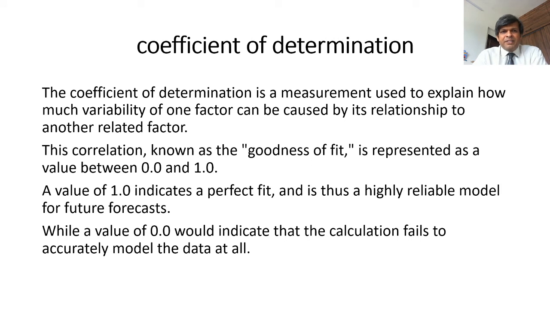The next major metric we look at to determine the accuracy of our model is the coefficient of determination. The coefficient of determination is a measurement used to explain how much variability of one factor can be caused by its relationship to another related factor. So in our case, how much the value of y would vary based on the value of x. This correlation is known as goodness of fit, and is represented as a value between 0.0 and 1.0.